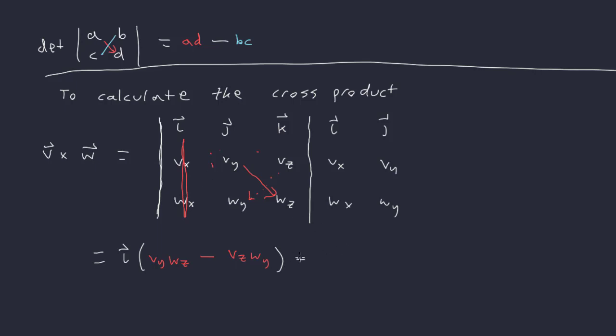To do the J part, now I just shift over. Once I'm done there, I shift over, and then for the J, I ignore its column, and then I calculate the 2x2 determinant of this matrix. So we have its main diagonal, which is Vz Wx minus Vx Wz.